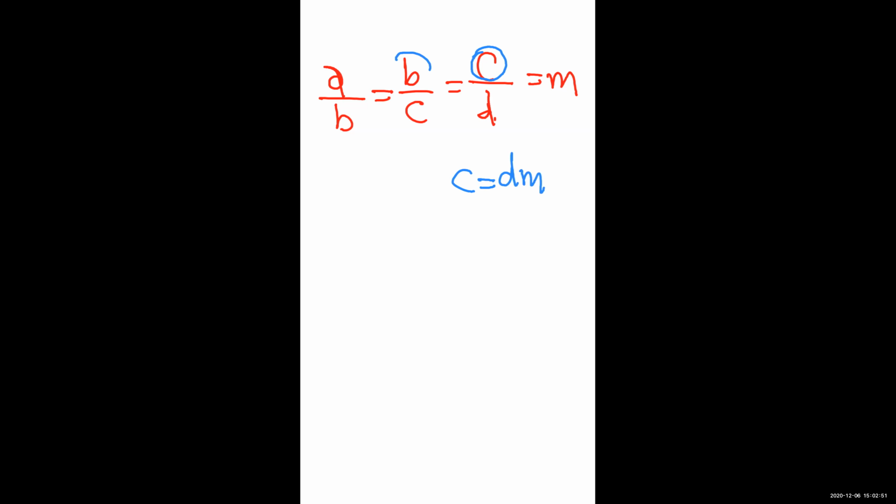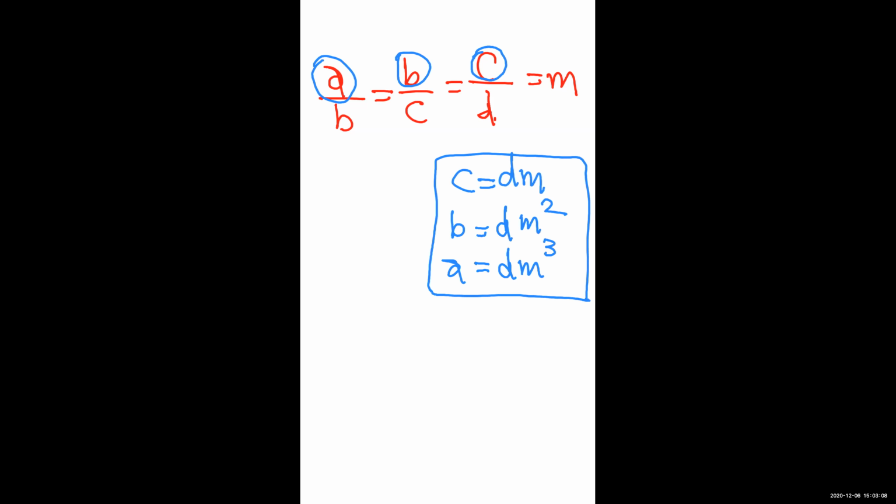Then B will equal d m squared. Then A will equal d m power 3. So these are the rules on the continued proportion. Of course, we proved how we got these values before. But now the rules: C equals dm, B equals dm squared, and A equals dm power 3. Are we clear about this? Yes.